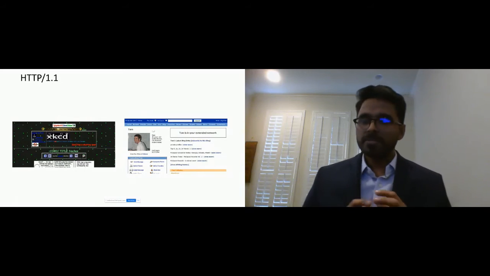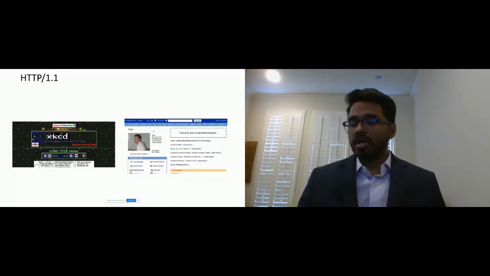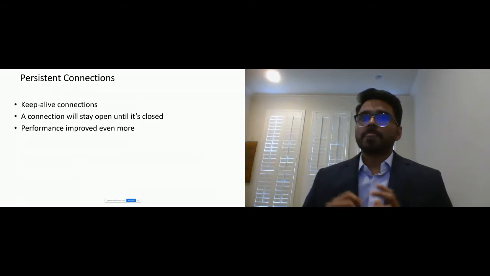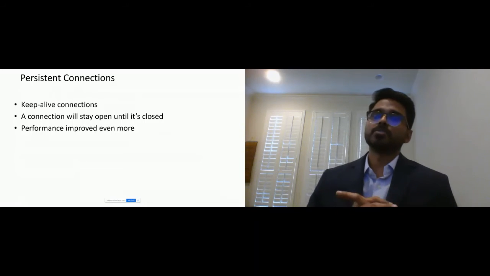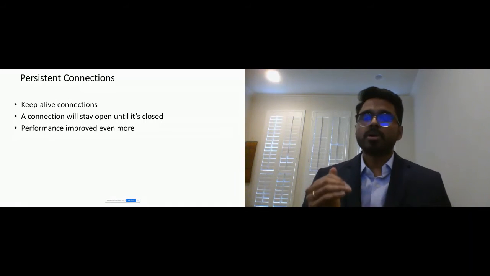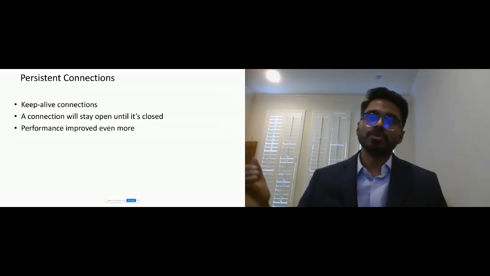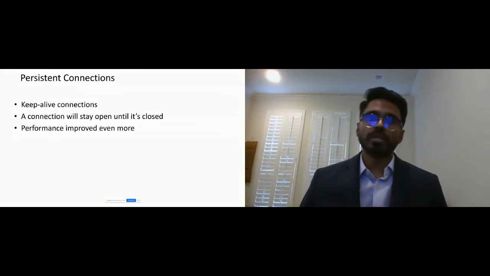So one of the key features that HTTP 1.1 introduced was persistent connections. To describe persistent connections, one thing we need to understand is that with HTTP 1.0, whenever an application has to make a request to its counterpart, first it has to establish a connection with the other application.